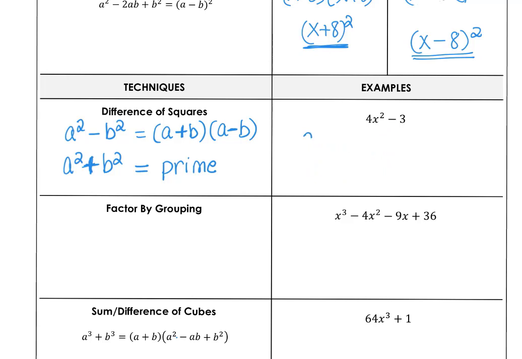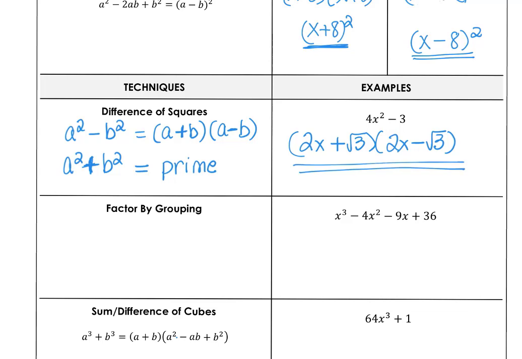So we've got 2x in the first parentheses and 2x in the second parentheses, and we want the outside and inside terms to cancel, so we need one positive, one negative, and you know that the square root of 3 times the square root of 3 is the square root of 9, and the square root of 9 is positive 3. So we're good to go with factoring the difference of two squares in that way.